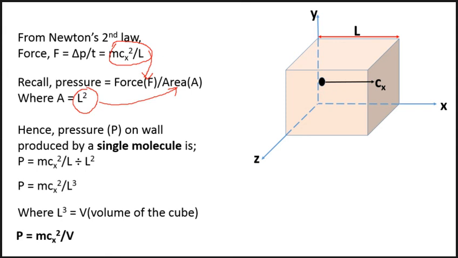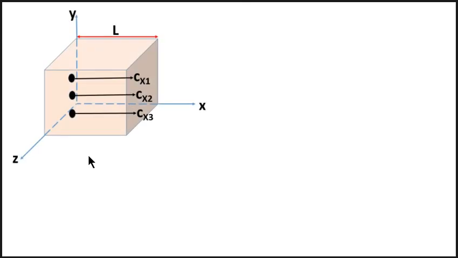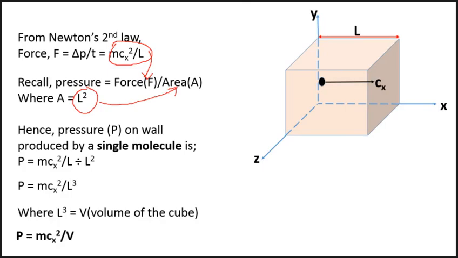Okay, right from here, we move straight away to see what happens if I have more than one molecule in the container. If I have more than one molecule, like what I'm having right here, I'm having 3 molecules. So if I'm having more than one molecule, then what is going to happen to the relationship we've derived right here?